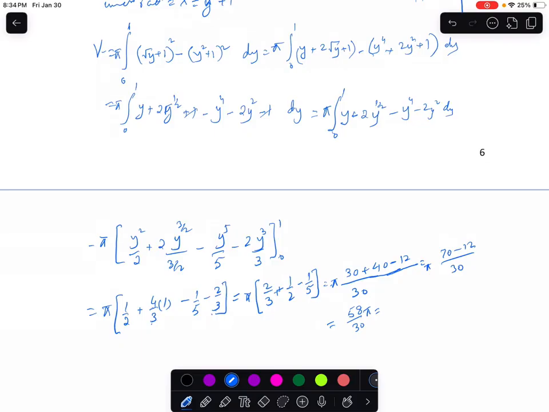So I think 2 goes in there. So 2 2s are 4, 2 29s are 58, and 15, 29 over 15 pi. That will be the answer.